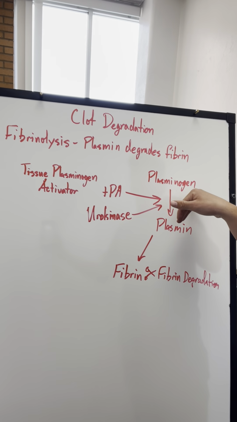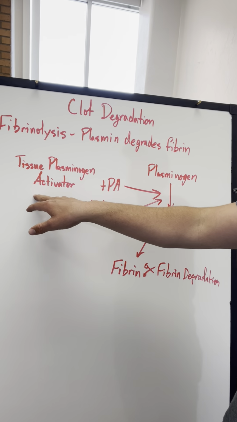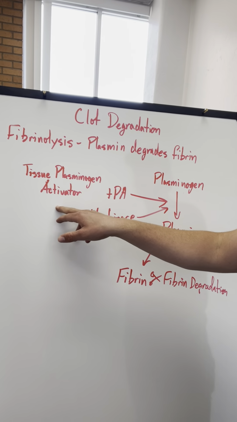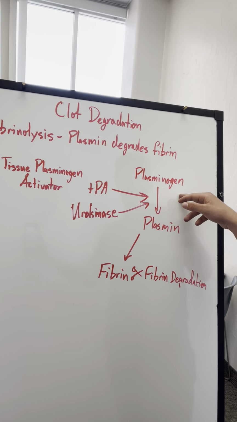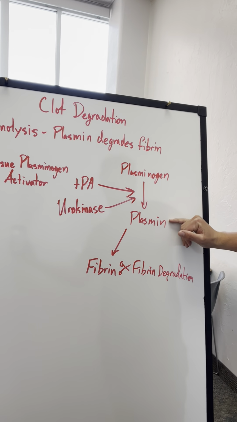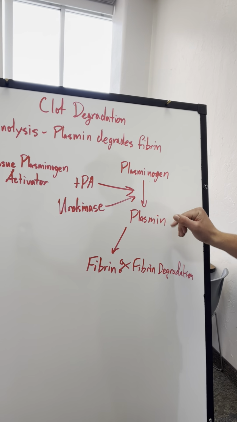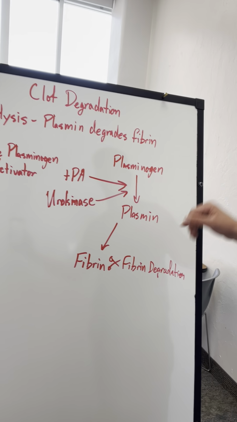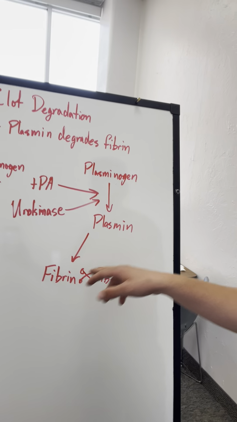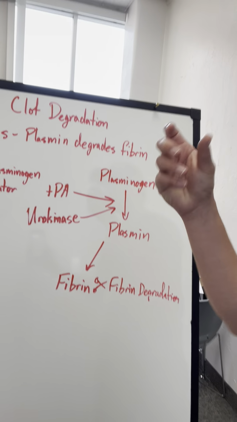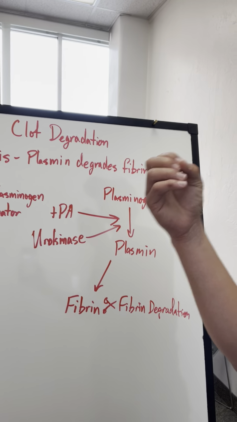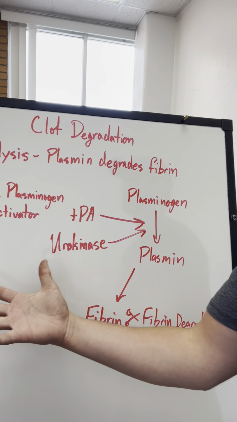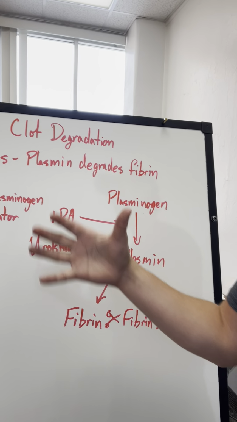First off, you start out with plasminogen, and a tissue plasminogen activator is going to hit that plasminogen, activate it, and it's going to turn into plasmin. Urokinase also plays a role in activating plasminogen. And then finally, that plasmin will hit fibrin. Fibrin now degrades. You've degraded that clot so that it doesn't keep forming. It's really a regulation of clots.